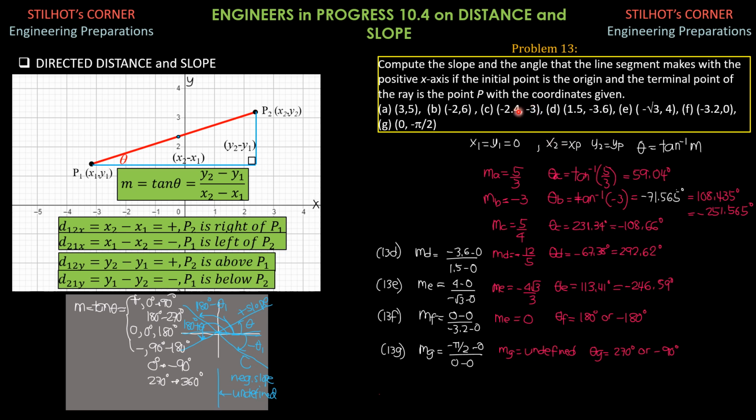For C, it is negative 3 over negative 4, and it reduces to 5 over 4. So use your calculator there, inverse tangent, but because these are all negative, the angle falls in the third quadrant. By the way, for part B, if you're confused, this is line B, and if you use your calculator, it will give you a negative angle, that's this angle here, negative 71.565.